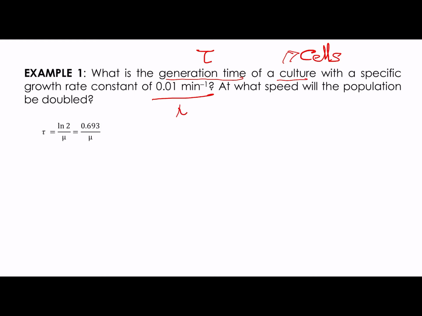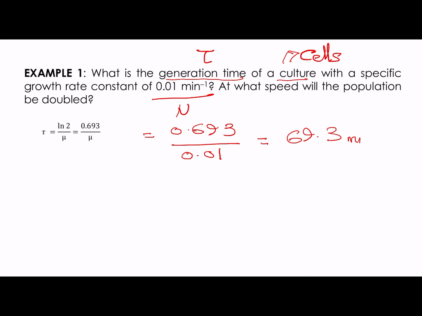That is mu. And then the B part of the question is at what speed. So let's start with the A part. We just substitute what we've got: 0.693 divided by the mu value of 0.01, and remember, you always need to take note of your unit.